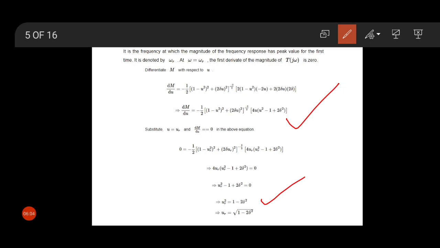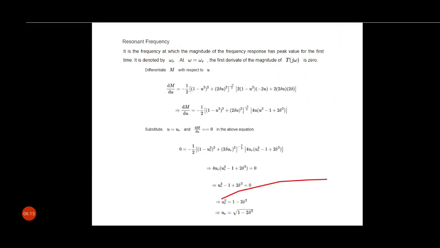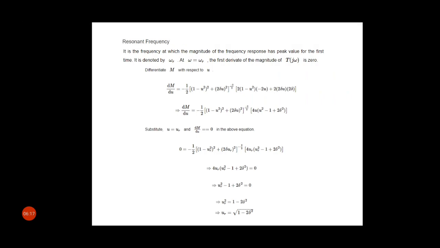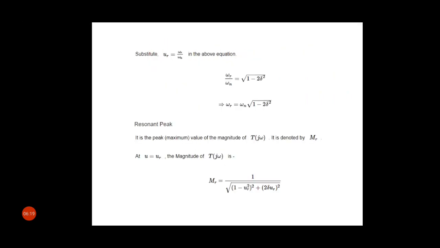Putting the value of u_r in this equation, we get omega_r equals omega_n root under 1 minus 2 zeta square. In this way we can find the resonant frequency.